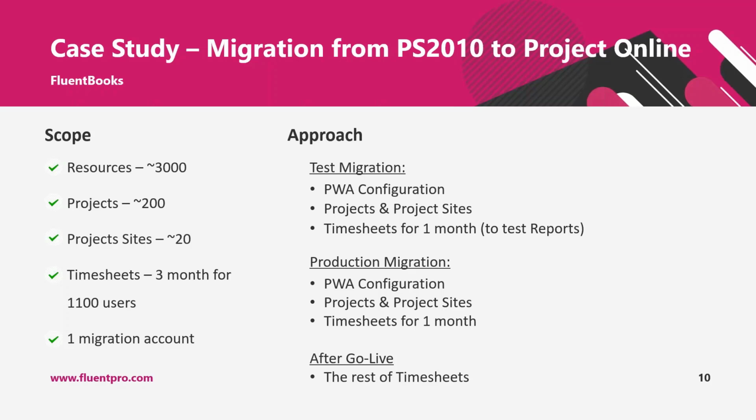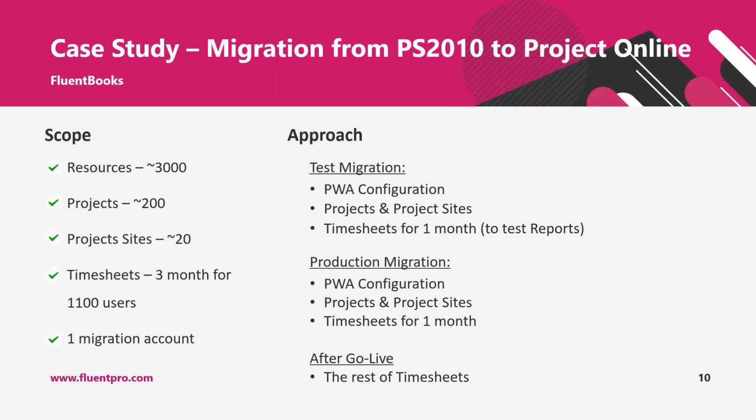So during this project, we performed test migration and production migration. The source environment was frozen during production migration, so there was no need for Delta migration, but all timesheets could not be migrated during the freeze window, so they had to be migrated after go live. And it seems that there are not that many timesheets in a 3 months period, right?